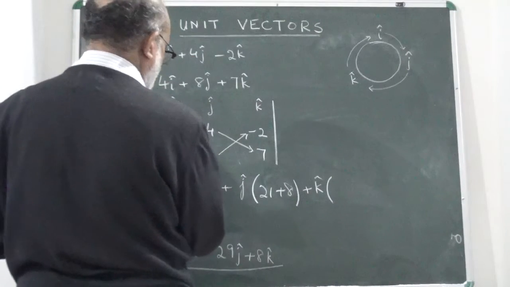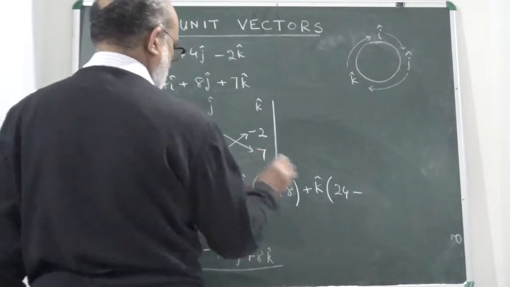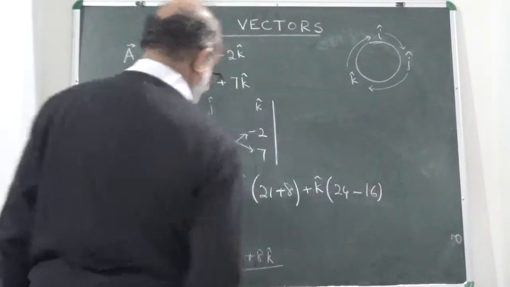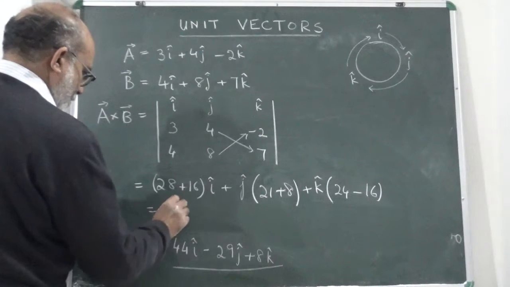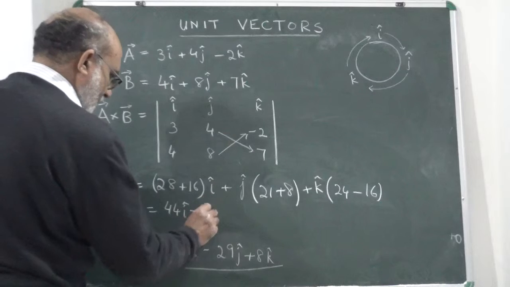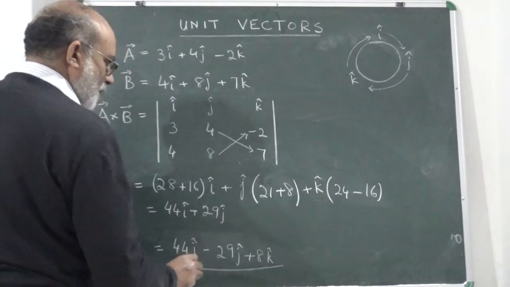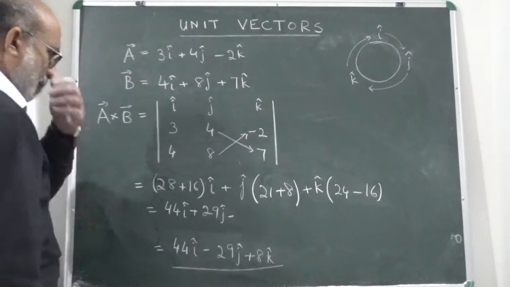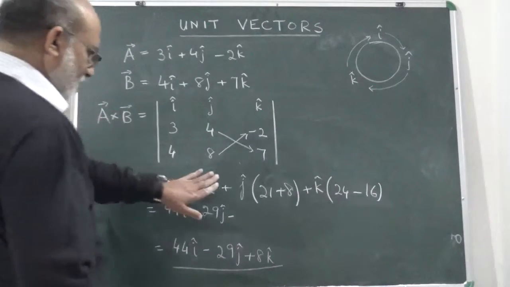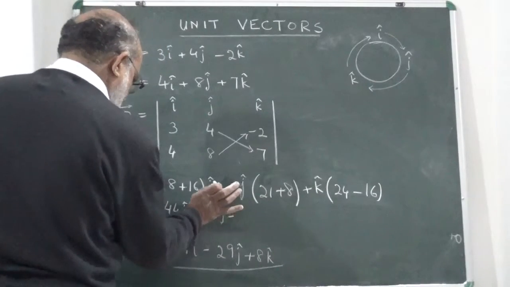You multiply this, 8, 3 8s are 24, minus 16. So you get 44 I minus 29, okay, plus 29 J plus, sorry, it's minus here.